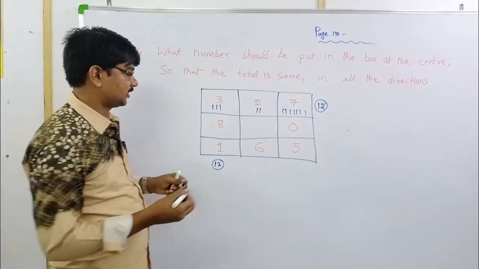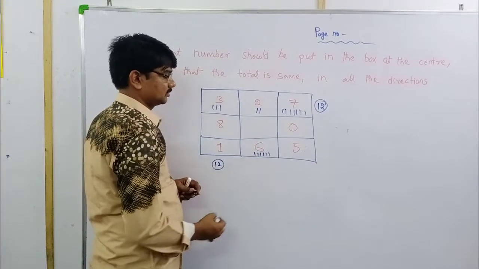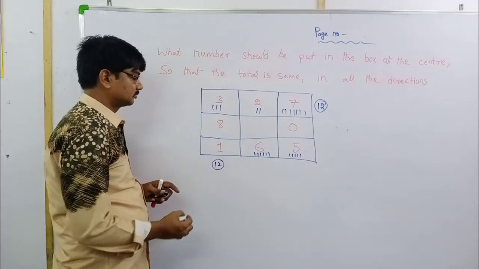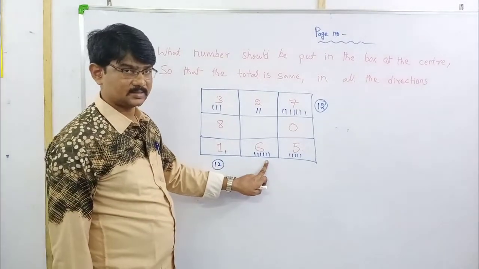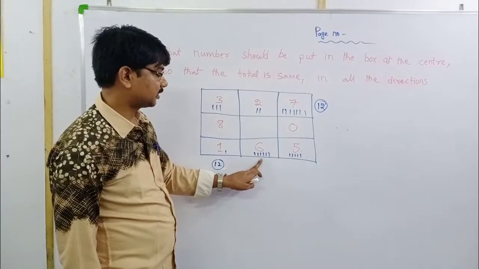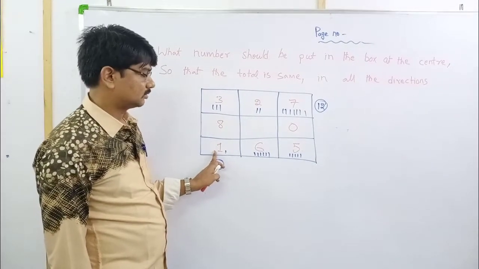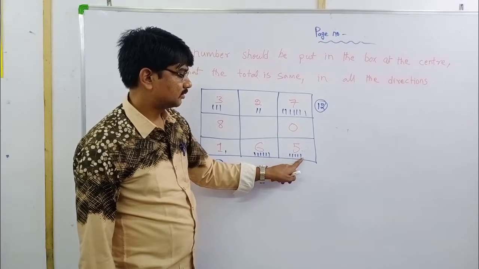Okay? 6 lines, 1, 2, 3, 4, 5, 6. Here one more, 7, 8, 9, 10, 11, 12.